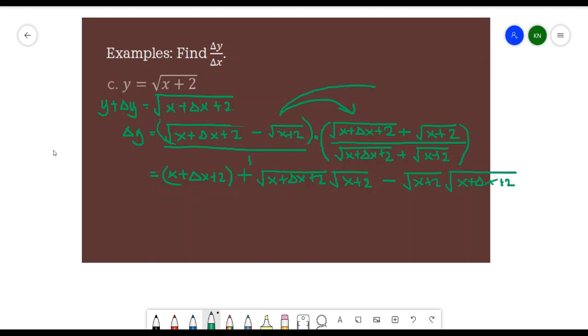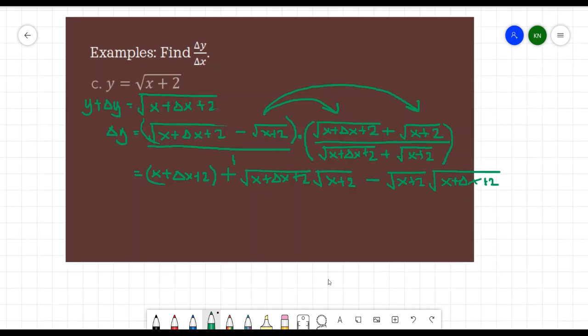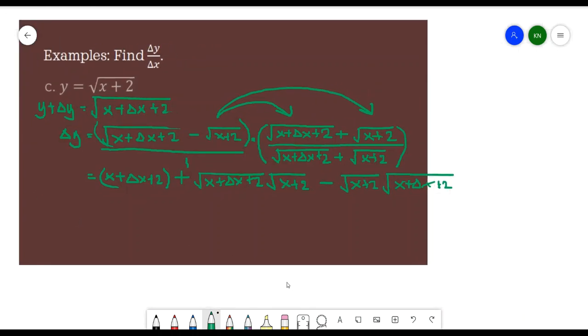And then square root of x plus 2 times square root of x plus 2, so that is just equivalent to x plus 2, right?